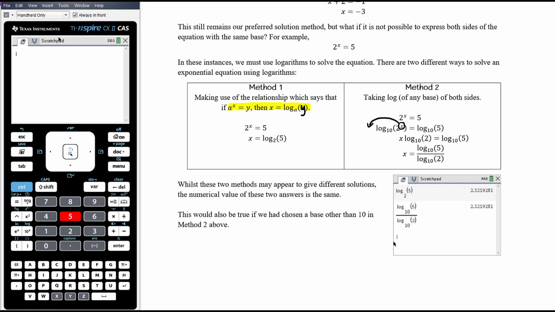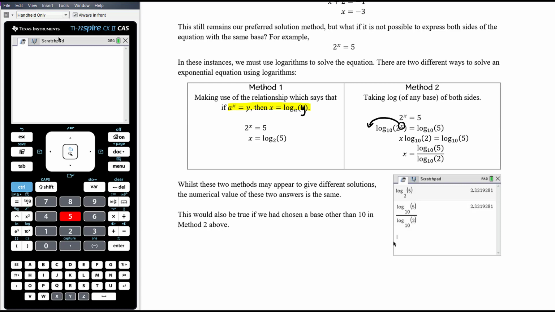This is how we free the unknown, in this case x, out of the power of the exponent so that we can solve. So we get x times log base 10 of 2 equals log base 10 of 5, and then we can divide by log base 10 of 2 to find that x is equal to log base 10 of 5 over log base 10 of 2.